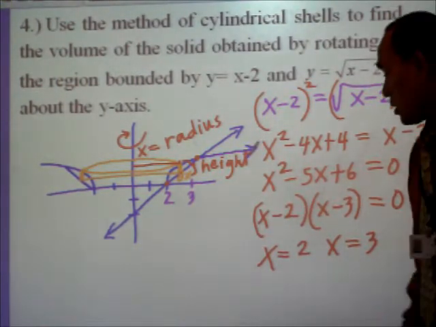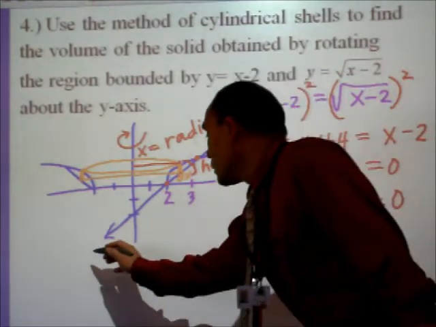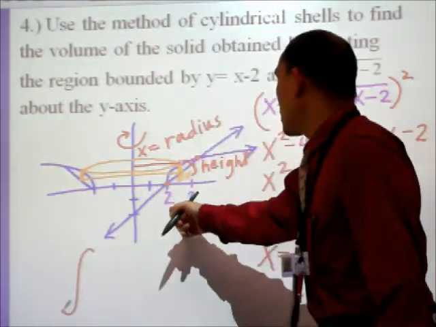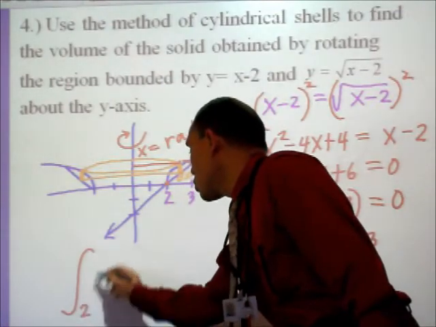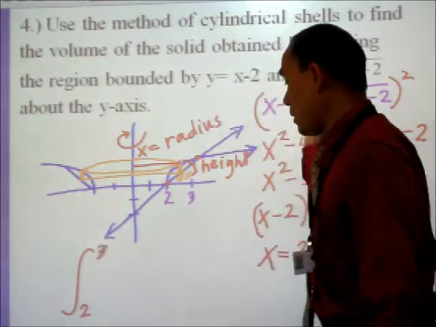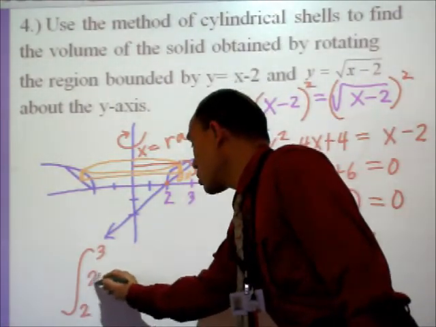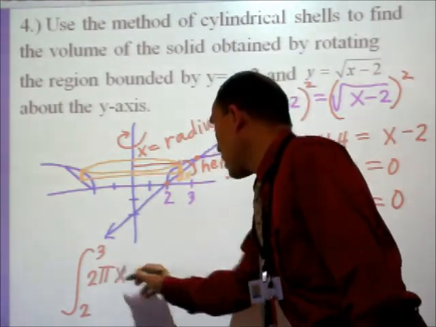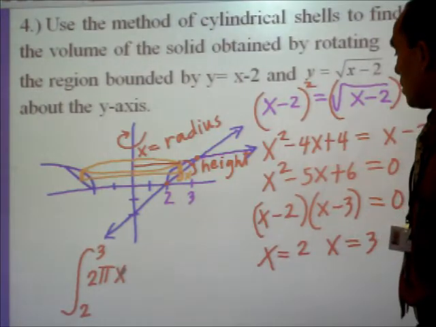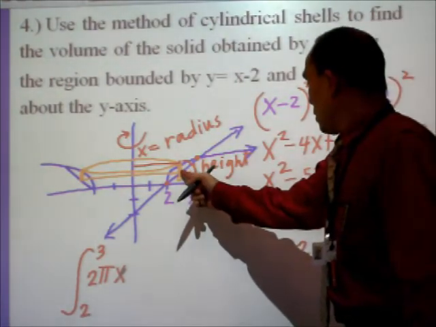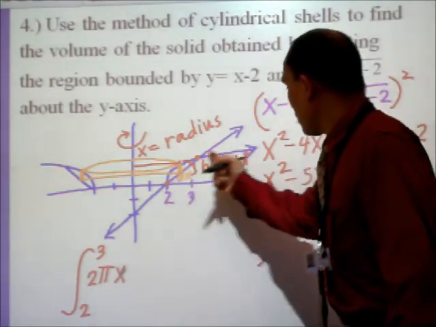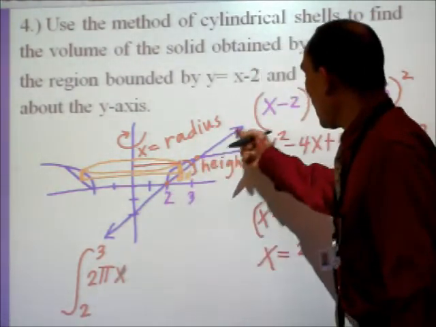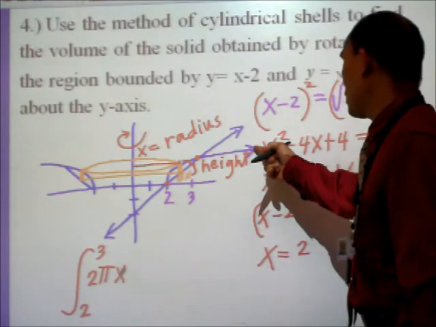Let's go ahead and set up our solution to this. We have limits of integration 2 to 3, and then our formula says there is a 2 pi, and then the x, which is the radius, and now the height. It looks like this region is bounded by the two graphs, a line and a square root function.